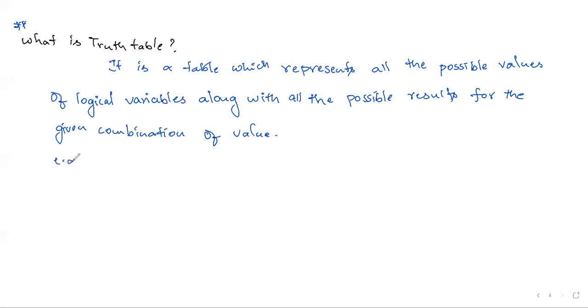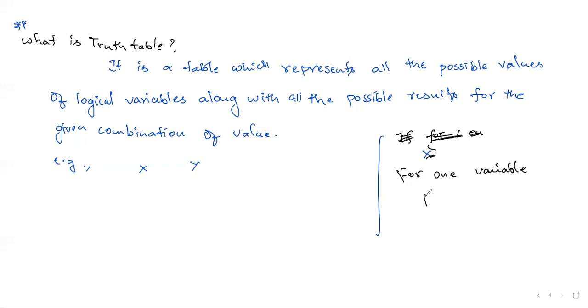I'll give one example here. If we take a single variable X, its possible truth values will be 0 or 1.